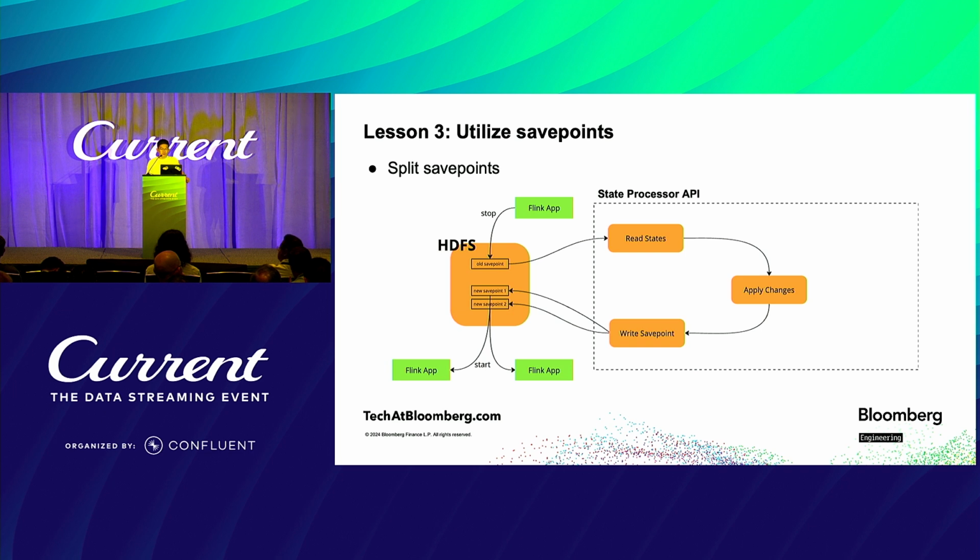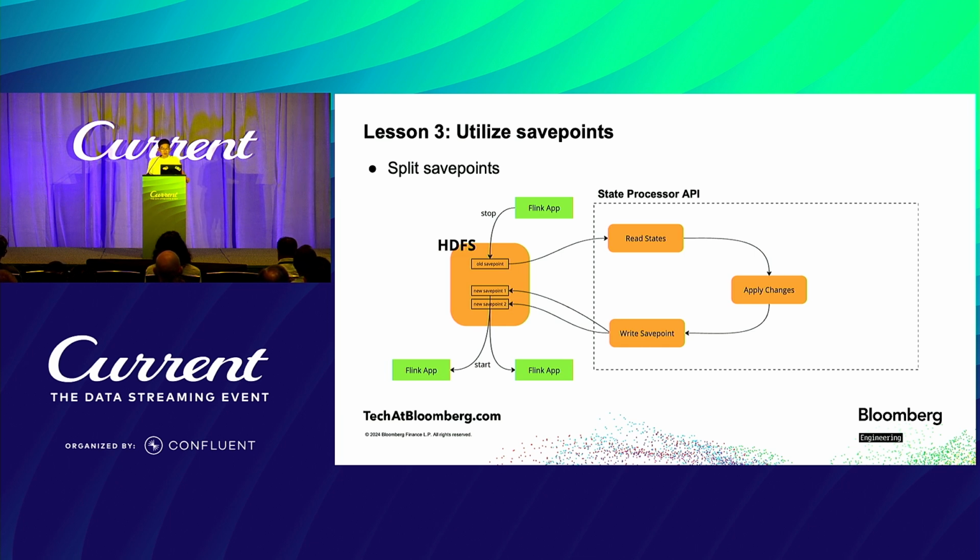From there, we can start multiple instances of our Flink application, and each of them will take one of the generated savepoints. Basically, what that means is each of these smaller Flink applications will take part of the responsibility from the previous Flink application that we had.